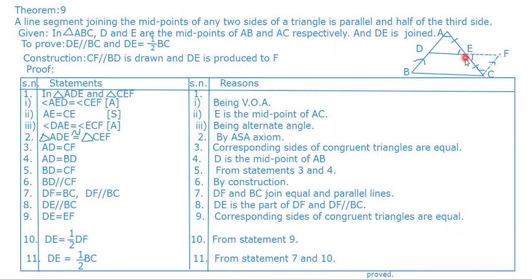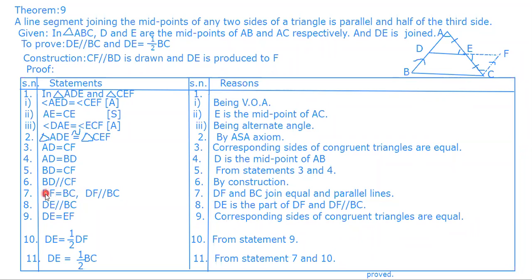Then we can write DE is parallel to BC. Since DF is parallel to BC, DE is also parallel to BC. Now, DE and EF are also equal from the congruent triangles. So DE is half of DF, and DF is equal to BC, as we have done here.